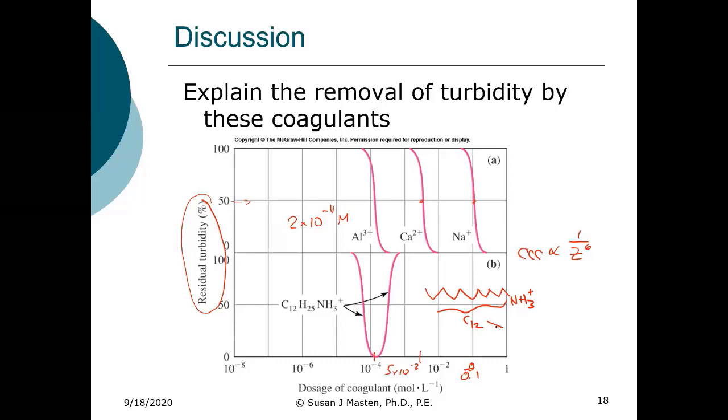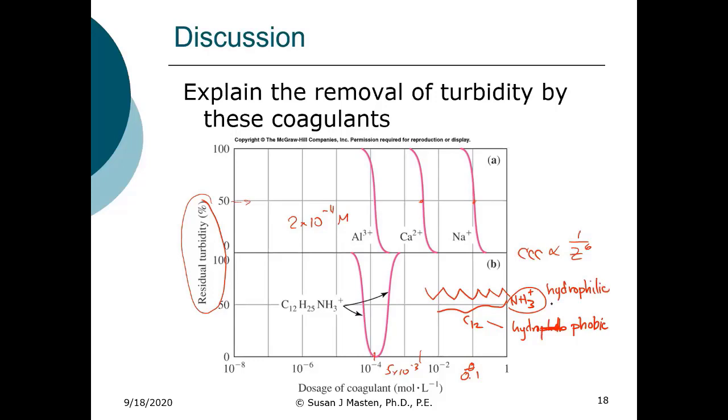This carbon chain here is hydrophobic. It does not want to be in solution. This, on the other hand, is a charged species, and it is hydrophilic and wants to be in the aqueous solution.